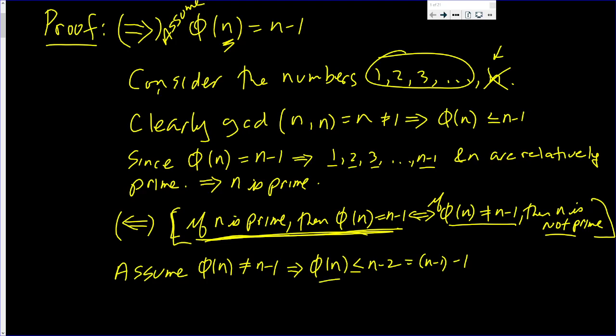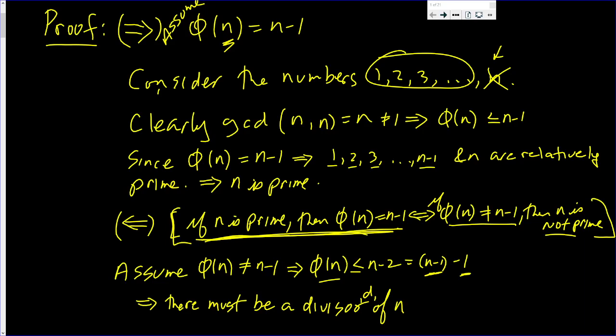Why is phi of n less than n minus 1? That's because there must be a divisor of n. Let's call it d.